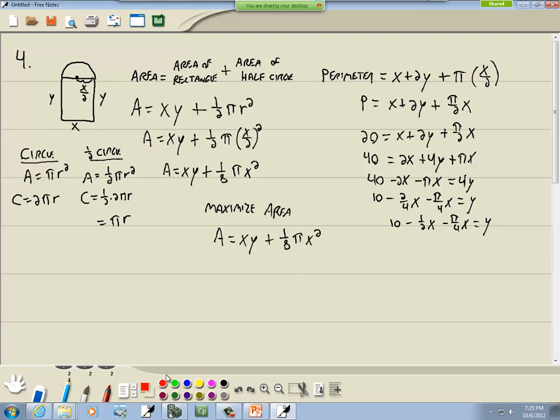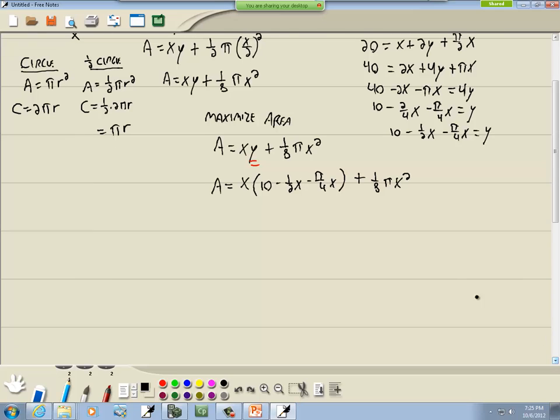And now we can replace our y in this other equation with this right here. So this becomes A is equal to x times 10 minus 1/2 x minus pi over 4 x, and then plus 1/8 pi x squared. Looks nastier, but actually everything's in terms of x's now on the right side.